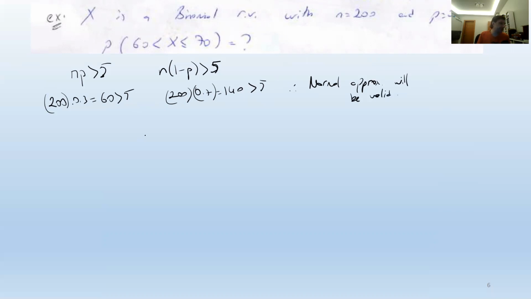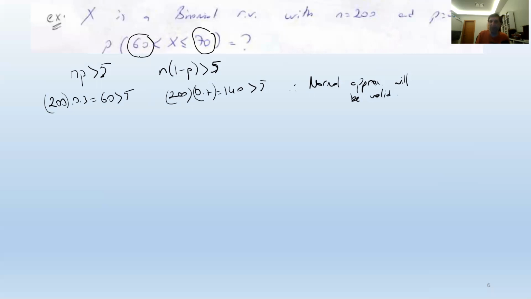Now the normal approximation. We are asked this quantity. At the very beginning, we have to do the continuity correction. It should be such that we are not going to include 60 and we are going to include 70. So we have to change the boundaries.